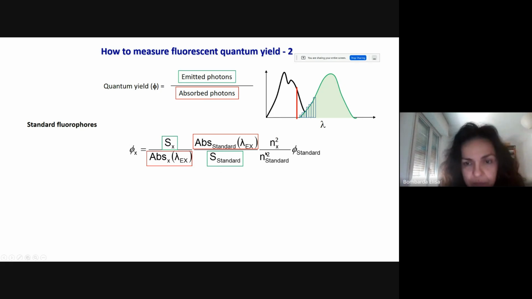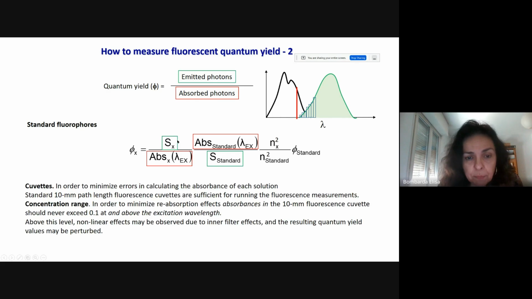Sometimes there are standards that need to be in a solution that may have a different refractive index, so in principle you have to be really careful. Also the ratio of the refractive indices is required. Normally we always work with aqueous solutions so that this parameter is practically not affected. And so then we finally get the quantum yield by comparison to our standard.